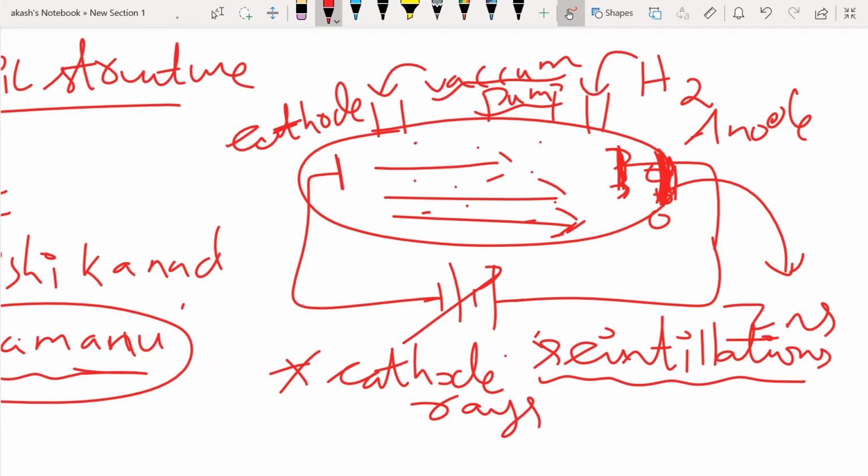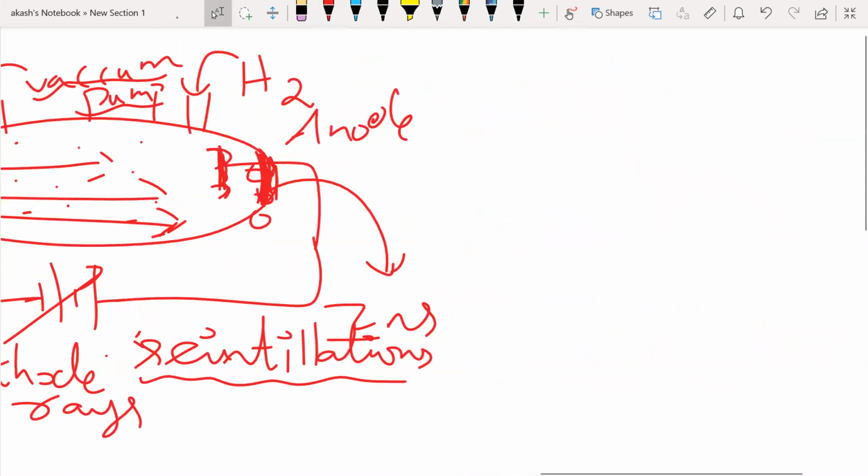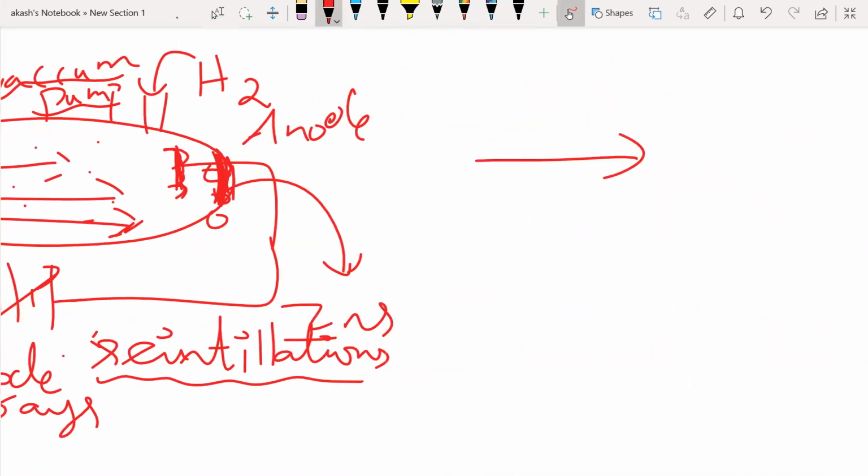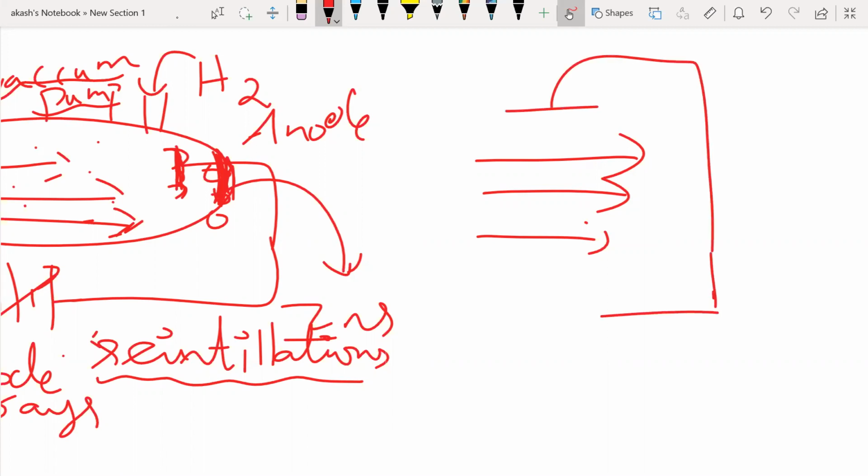Let me make a rough diagram so that you'll understand. Assume that these are the cathode rays. Now he applied an electric field. He applied one more electric field using another pair of electrode plates.